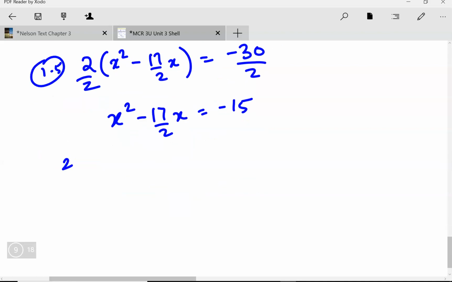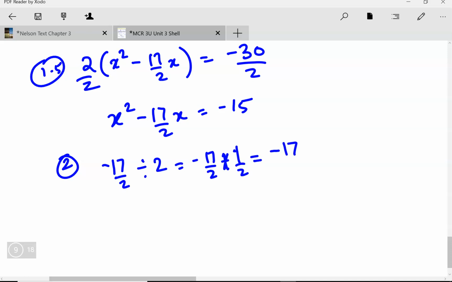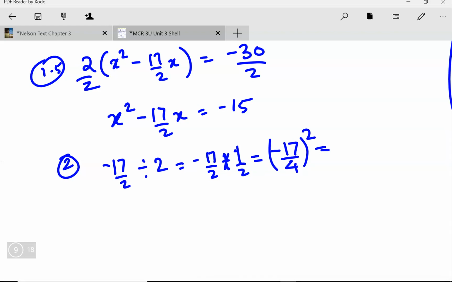Now I find my magic number, which is negative 17 over 2 divided by 2, and hopefully we're getting used to the idea that divided by 2 is the same as multiplied by half. Then I take the square of that. And oh dear, what is 17 squared? 17 squared is 289. Who would have known? Divided by 16.